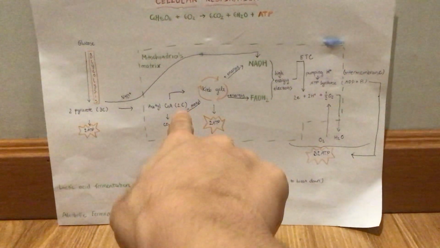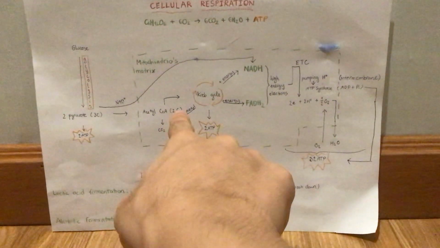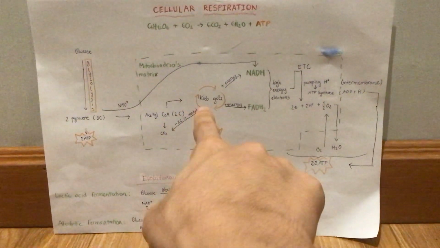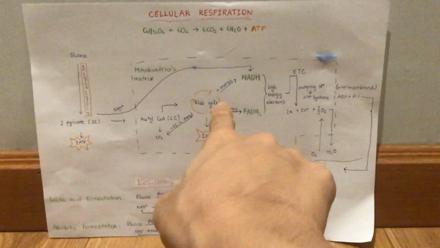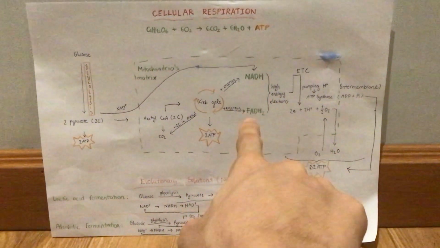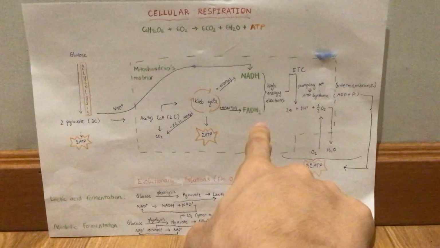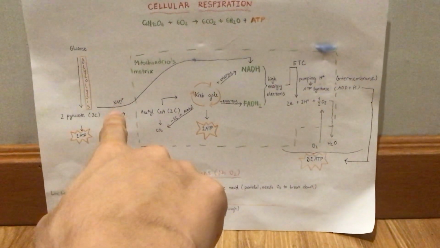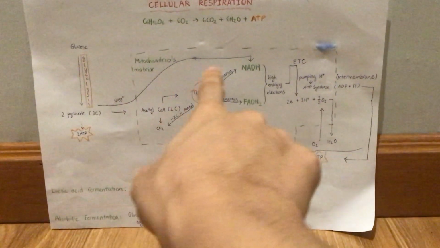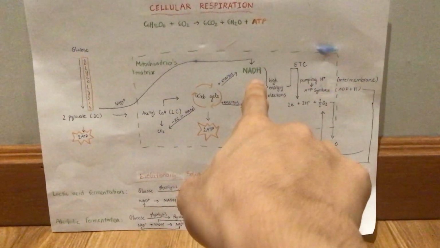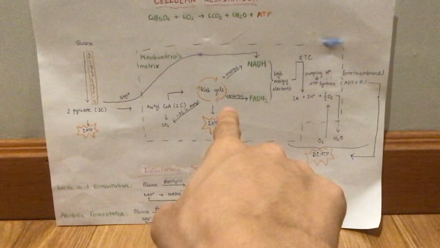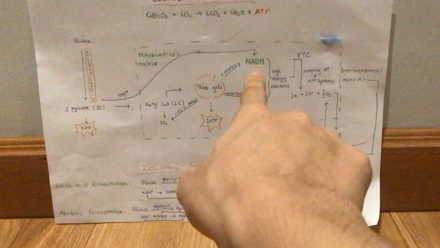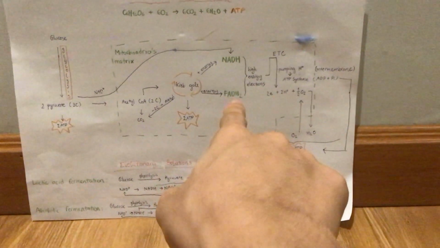Okay, so this acetyl-CoA with 2 carbons goes into the Krebs cycle, and the products are NADH and FADH2. So the NAD plus has become NADH, and the Krebs cycle will make 2 ATP and will energize these two molecules.